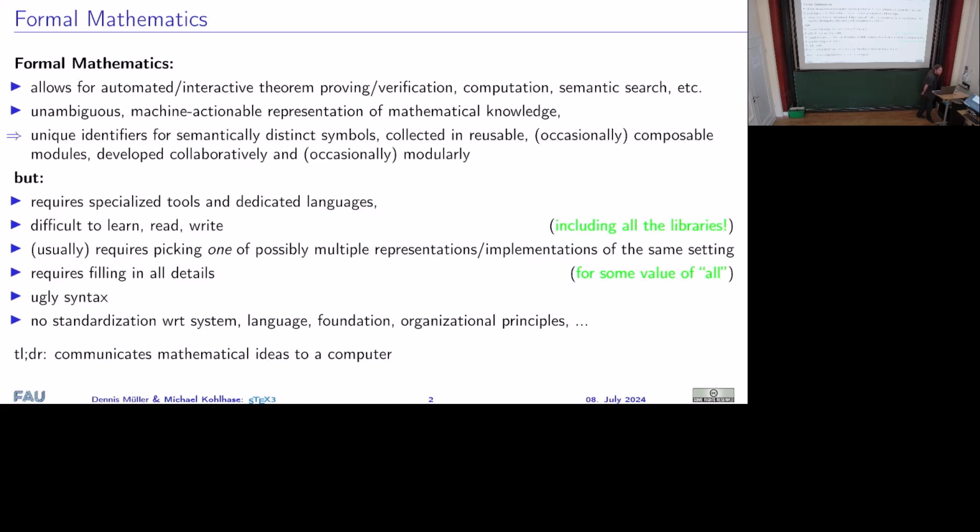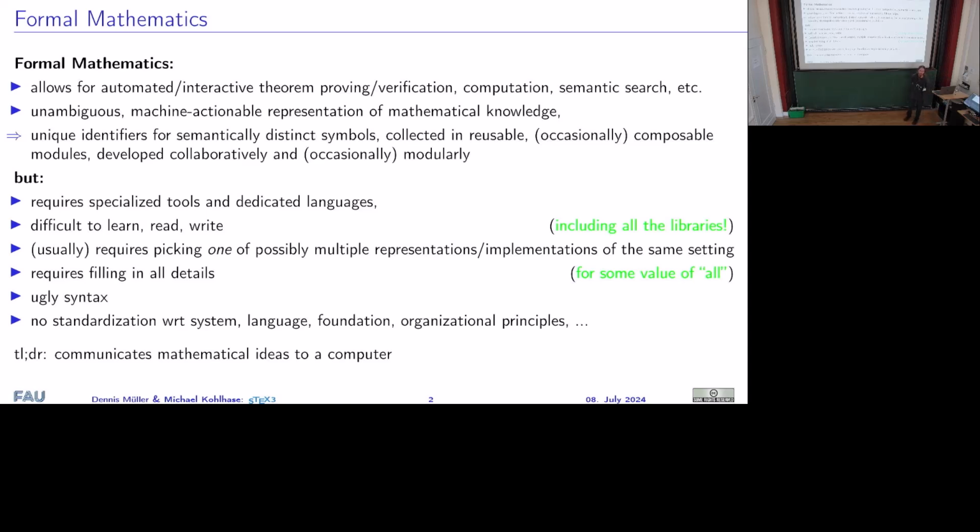That, of course, only works because we're able to unambiguously represent mathematical statements in the first place, which is both a requirement for doing all the nice things in the first bullet points, but I would argue it's also an intrinsic good in its own right. And the way that works is, of course, by providing some kind of unique identifier scheme for semantically distinct symbols, which means we can actually refer to exactly the thing that we want in an unambiguous manner, which is nice.